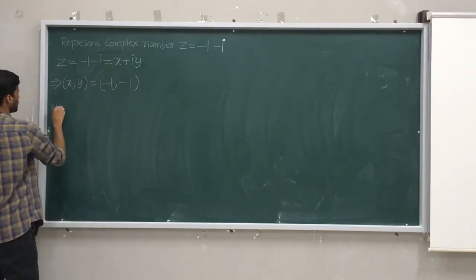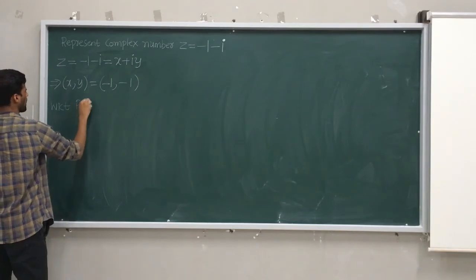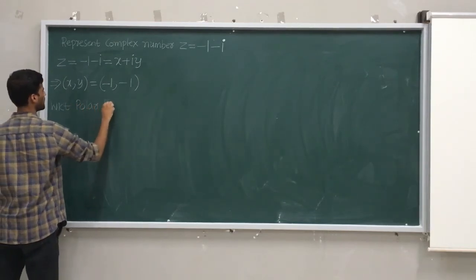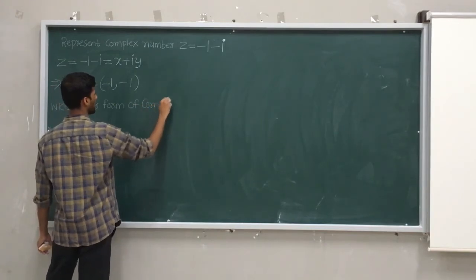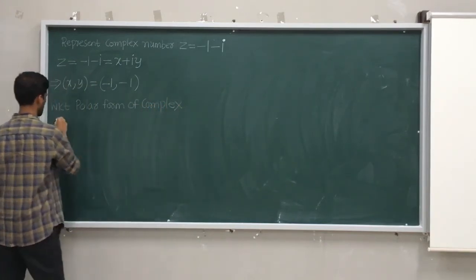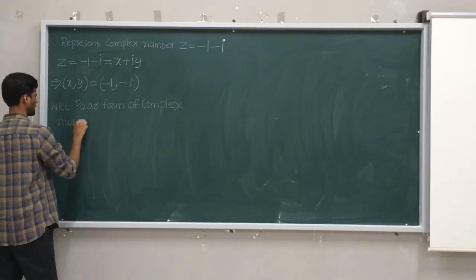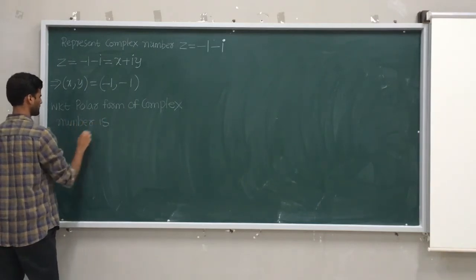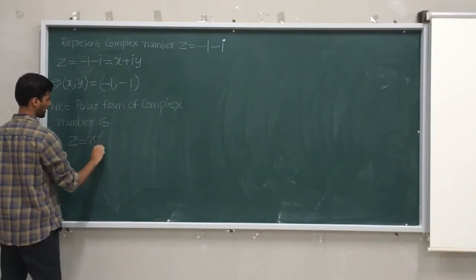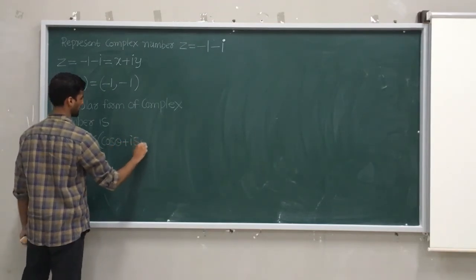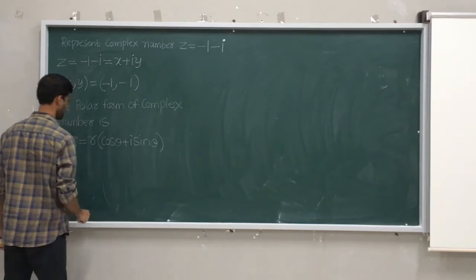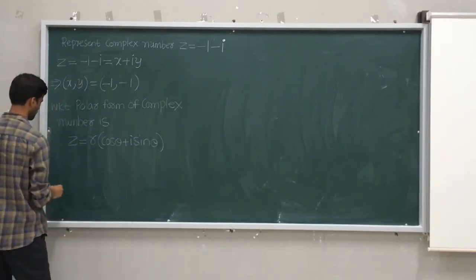We know that the polar form of a complex number is z equals r times cos theta plus i sin theta. You can call this equation 1 if you want.